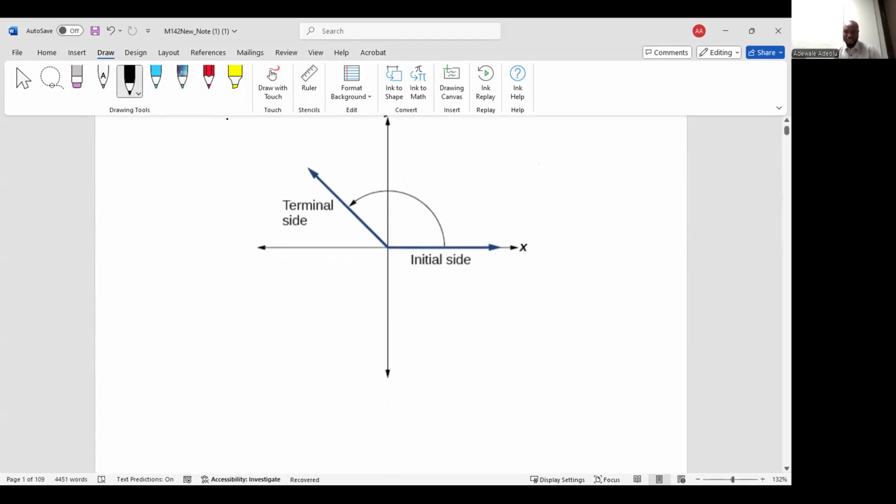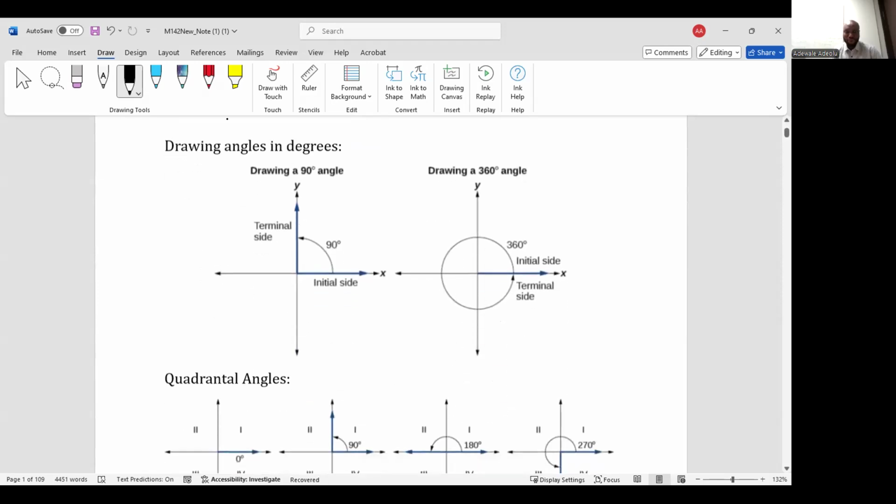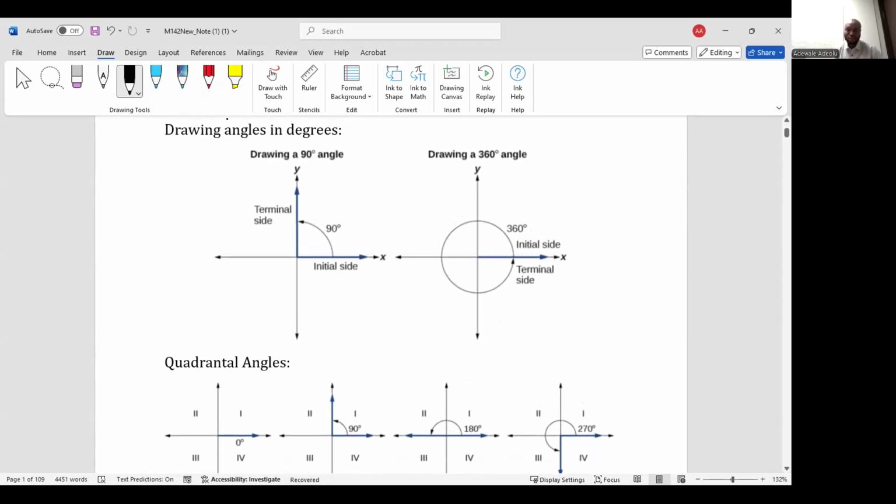Okay, now how do we draw angles? Well, we draw angles by starting from the initial side and going to whichever way we want to go. For example, 90 degrees, which is starting from this initial side, and the terminal side is on the y-axis.